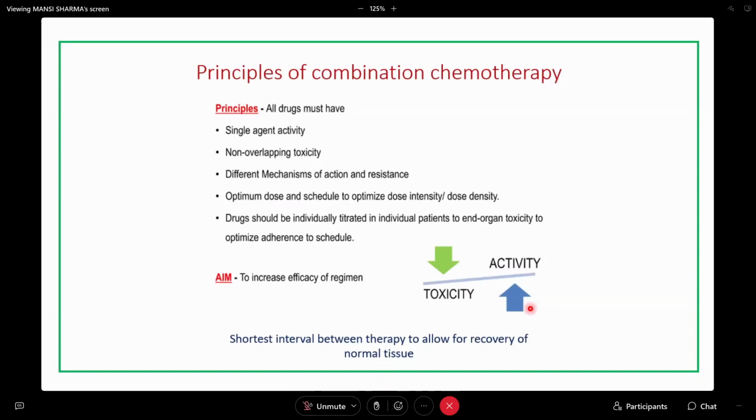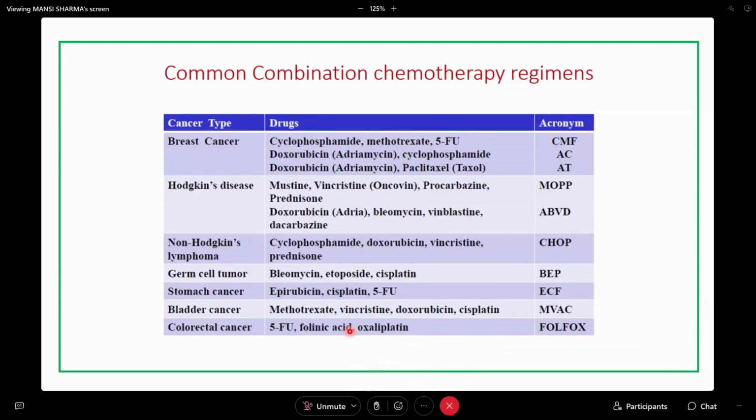All of them have different mechanisms of action, as we discussed earlier. All of them have single agent activity in head and neck cancer, and all of them have non-overlapping toxicities. Except, well, of course, neutropenia, but that's acceptable, right? So we look at the shortest interval between chemotherapy to allow for recovery of the normal tissue as well when we develop these regimens.